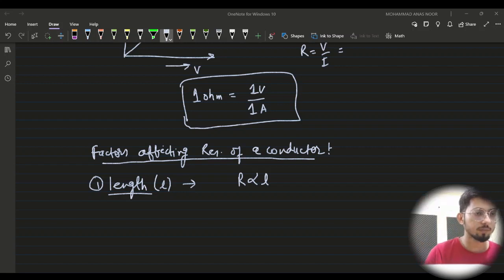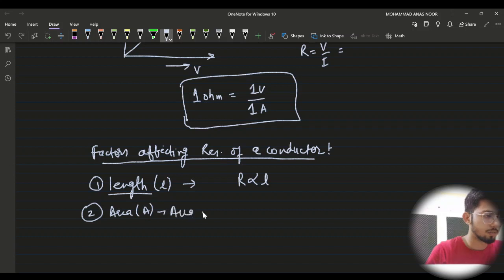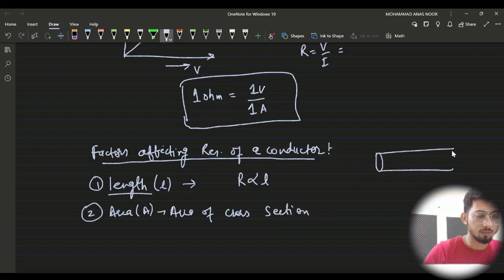But the second thing that it depends on is the area of cross section. Suppose you take a cylindrical wire. It has some area of cross section. This is the area of cross section.